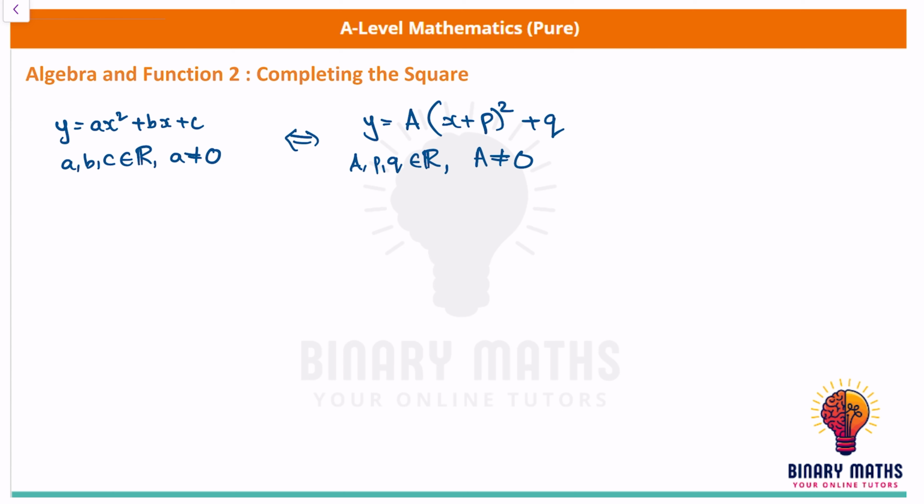So let's see what happens if I've got (x + a)². When I expand that, I get x² + ax + ax + a². If I collect the middle terms together, I end up getting x² + 2ax + a².